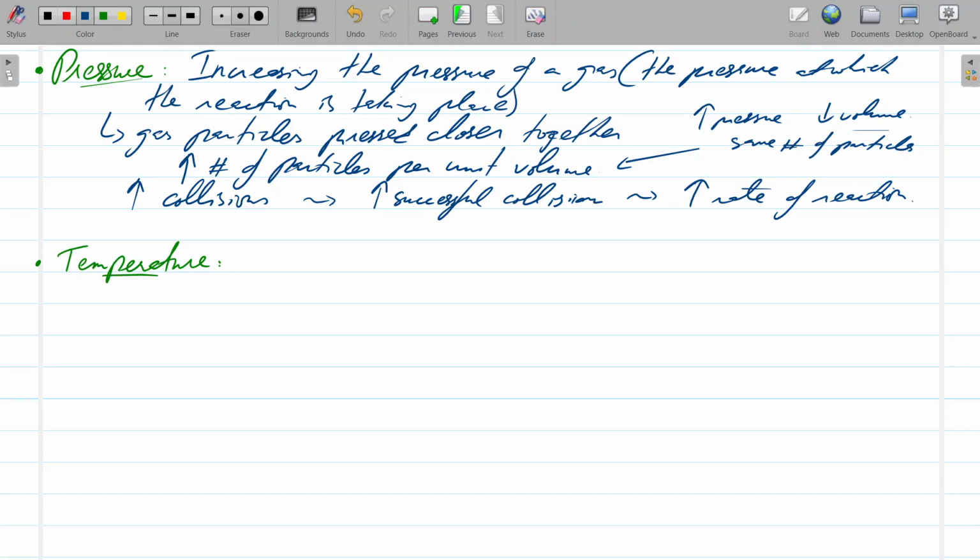And so for this, right, the concept is going back to the kinetic particle model, and the effects of temperature, and how changes of state take place, but not change of state in this case. And so basically when you raise temperature, you are increasing the energy of the particles, and when they are increased, they're moving about faster.